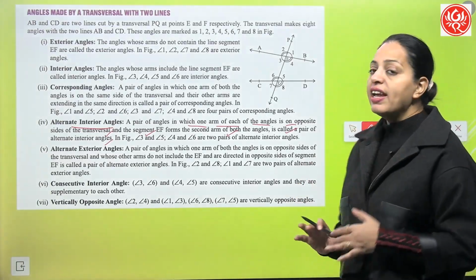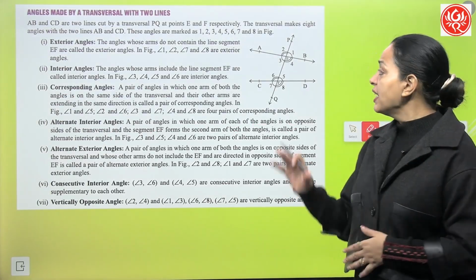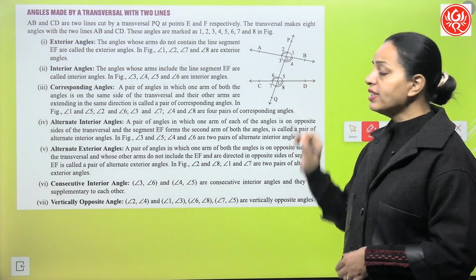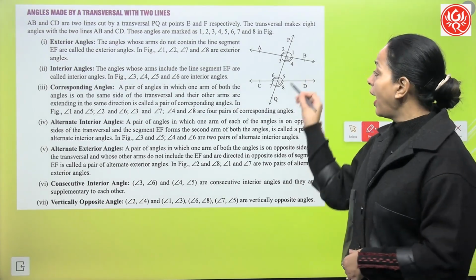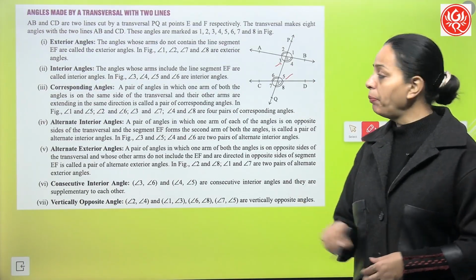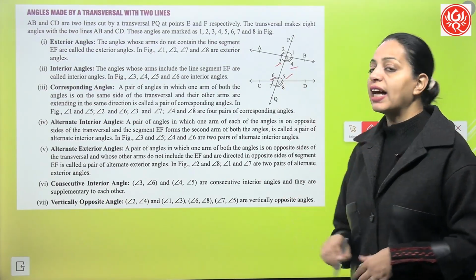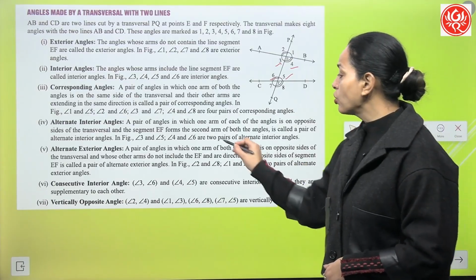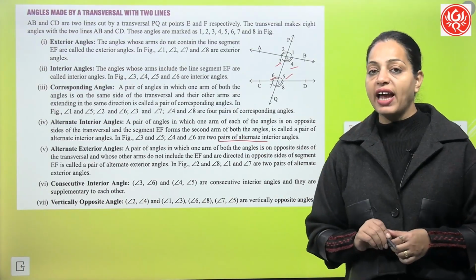Simply you can see alternate interior means they are on the opposite side of transversal and both are interior, like 3 and 5 one pair, 4 and 6 other pair. So two pairs of alternate interior angles.